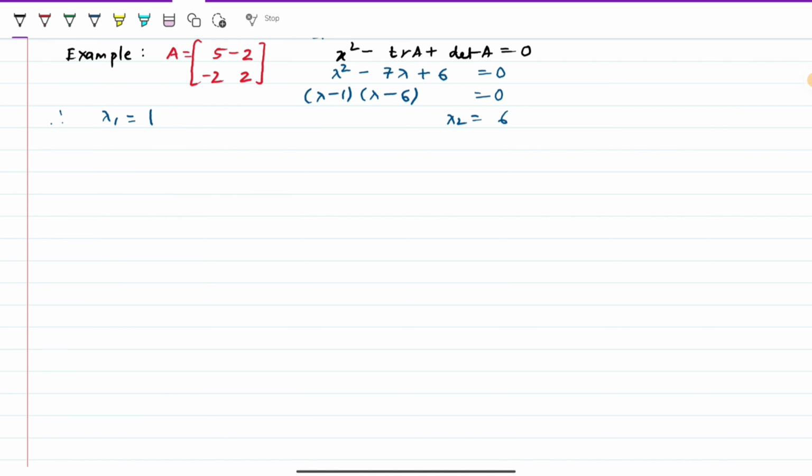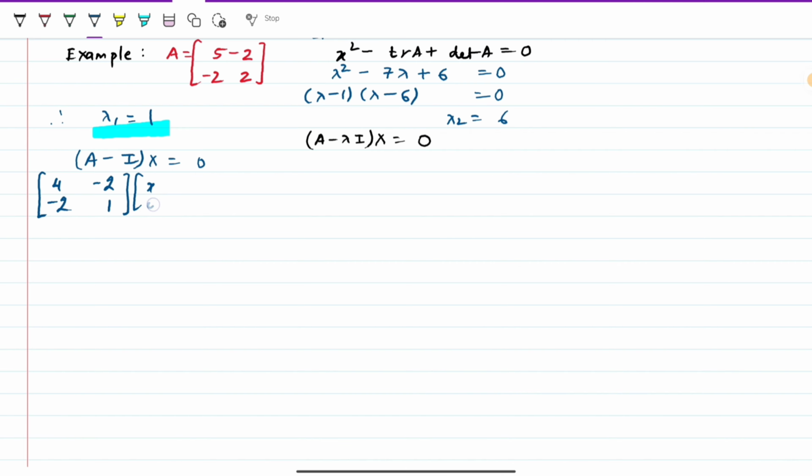Now for the next part, we are going to find the eigenvectors corresponding to these two eigenvalues, and for that we will be starting with the equation A minus lambda I times x is equal to 0, where x is the eigenvector and 0 is the column vector 0. So for lambda 1 equal to 1, it reduces to A minus I times x is equal to 0. So A minus I is going to be 4, -2, -2, 1, and x is x, y, equal to 0, 0.